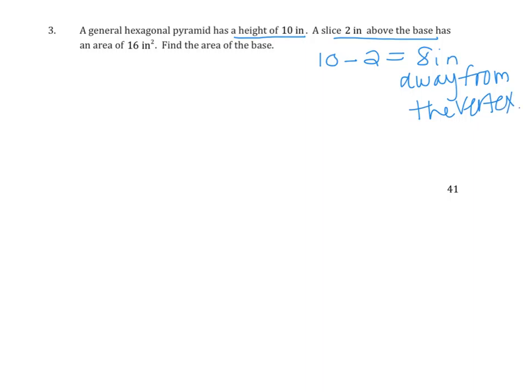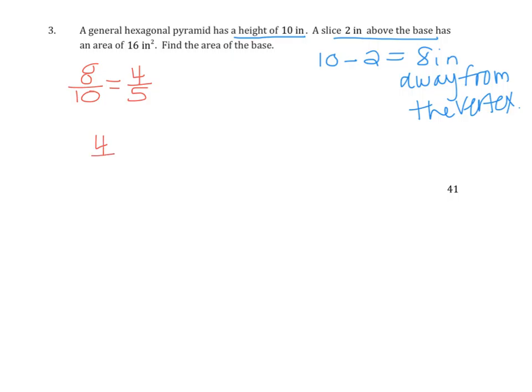So the slice that is 8 inches away from the vertex is going to be used in determining my scale factor. So 8 divided by my height of 10 reduces to 4/5.